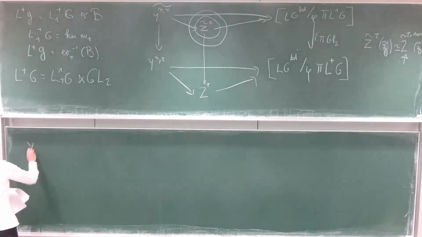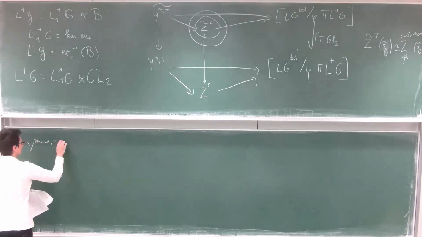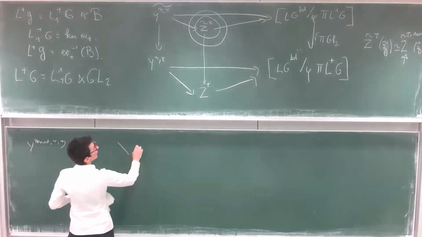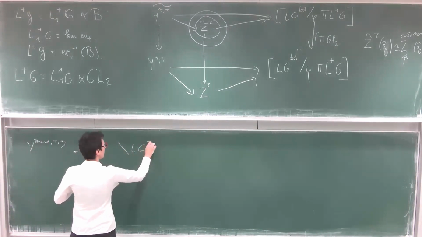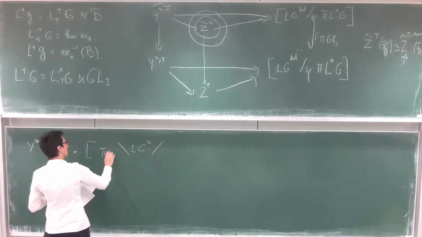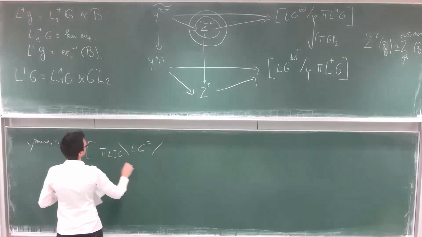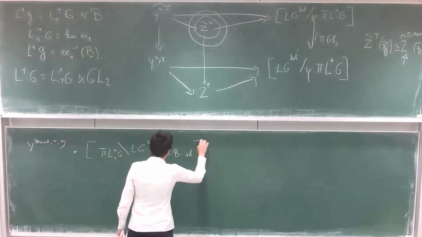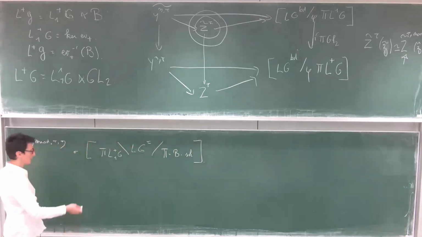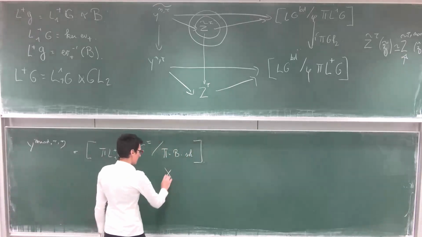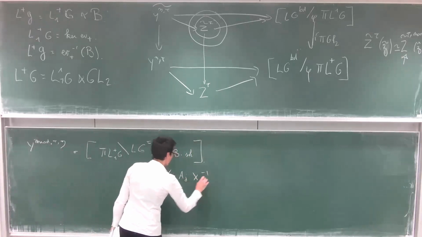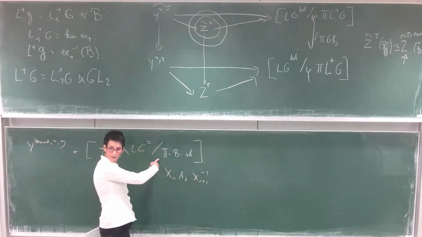So what is the model? I take for this one the quotient of G, as before, by the product of G plus G, and here I take the B conjugation. So it means xi, ai, xi plus 1 minus 1, without the phi.